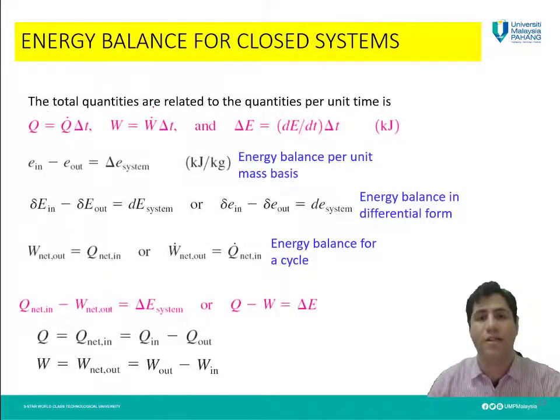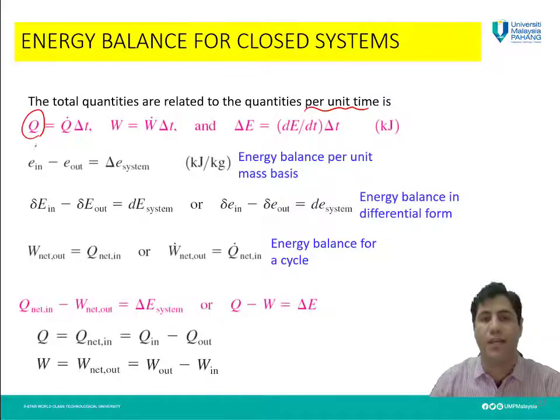And the total quantities which are related to this quantity per unit time in the previous equation are something like this. For heat, we show heat to the system, or from the system, as Q, which can be Q in to the system, Q out goes out of the system.